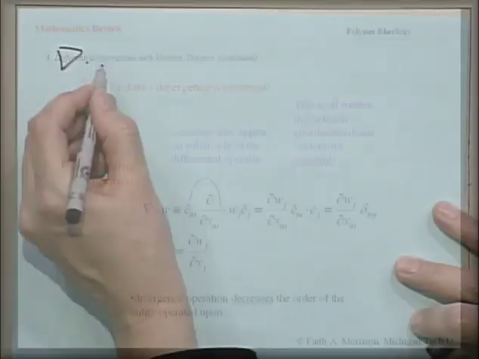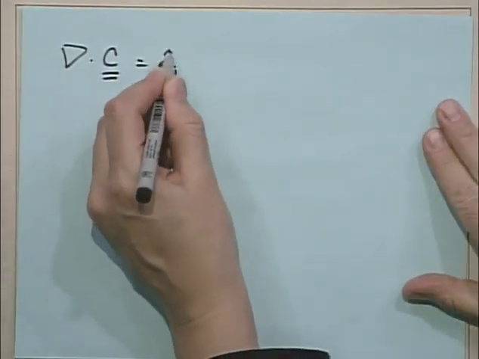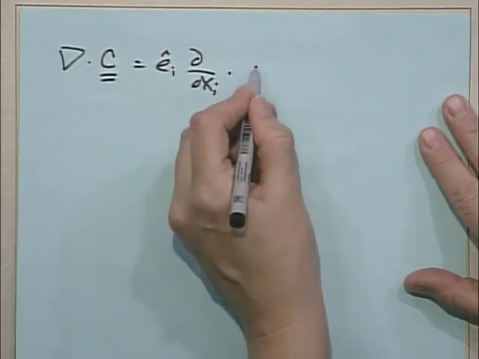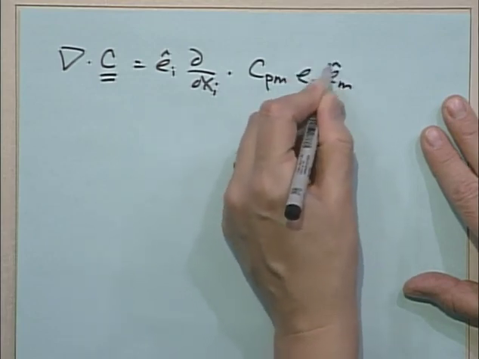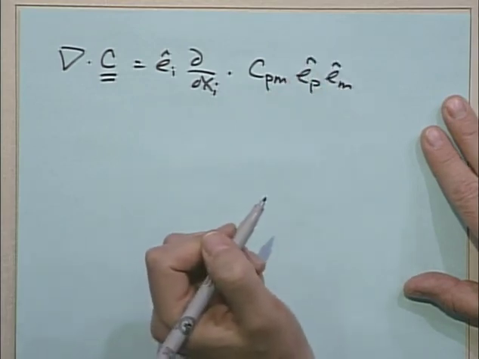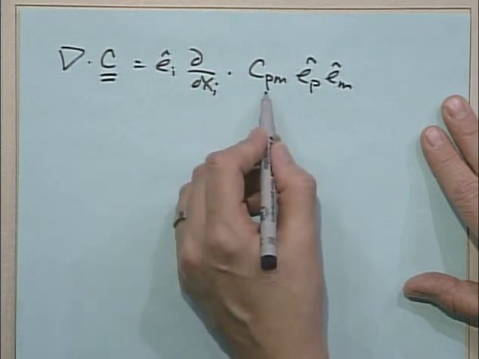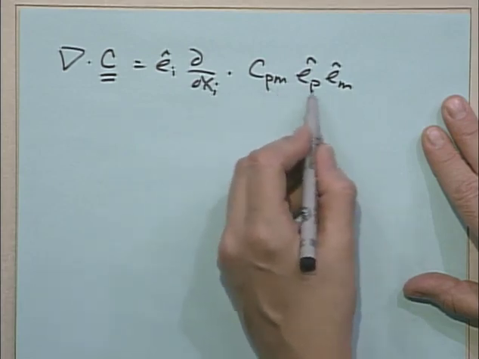So del dot the tensor C, EI, d by dxi, dot C, CPM, EPEM. This del is going to operate, this operator only operates on the C because these are constants.